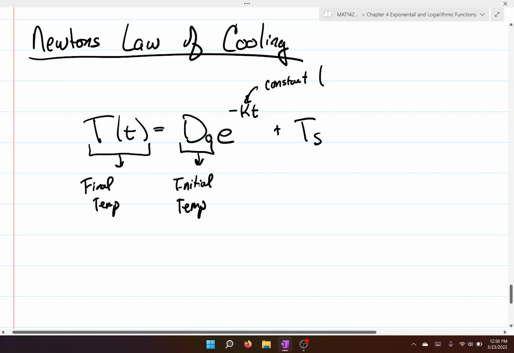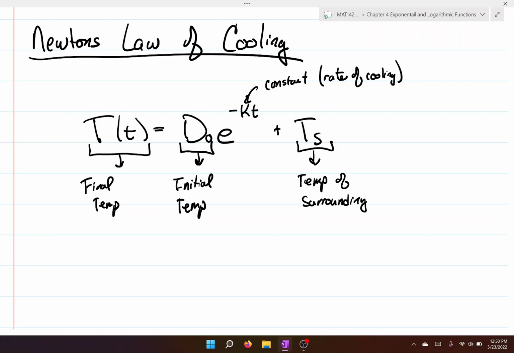Sometimes they call it a proportionality constant, but it's basically the rate of cooling, okay? t stands for time, obviously, and then T sub s is going to be the temperature of the surroundings. So, you know, if you're inside an air-conditioned building, it could be 72 degrees or something like that, okay? Now, I do have an example for it, and it's a very simple example.